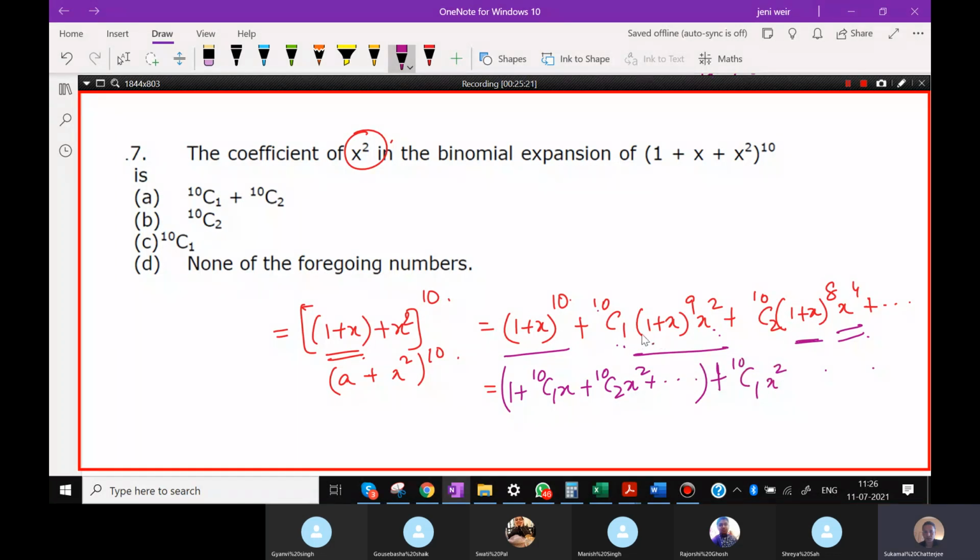And then the next term will be 10c1 into 9c1 into x squared, that will be x cubed. So there is no more x squared term. The x squared terms are only these two terms, so the coefficient will be 10c1 plus 10c2.